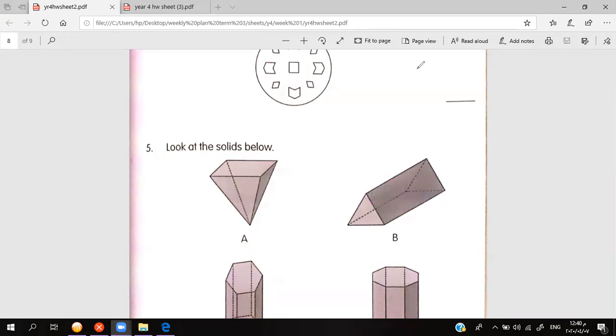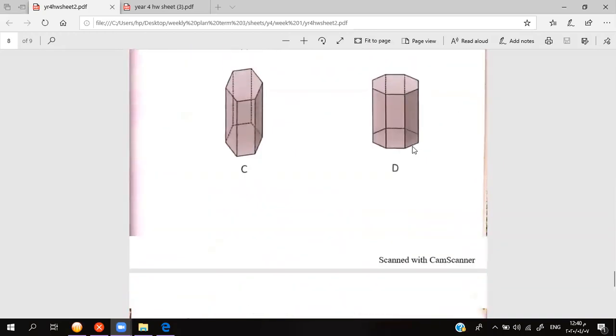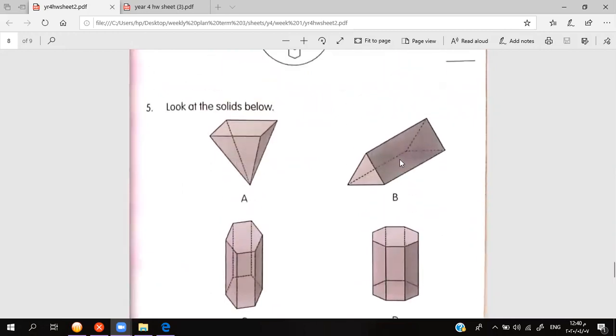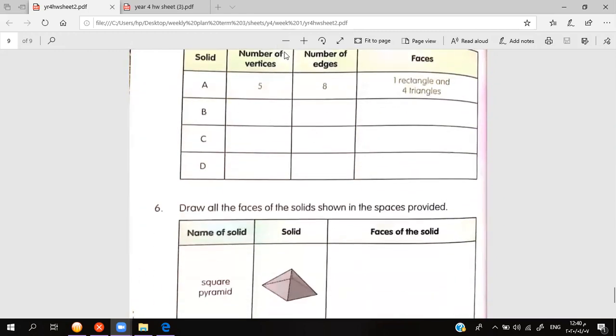And the faces, it has 3 rectangular faces, and 2 triangular faces. So here in number B, this is what we should write, actually, to correct for yourselves. Here 6, and here 9, and here 3 rectangle.